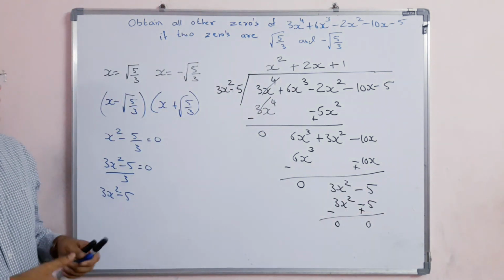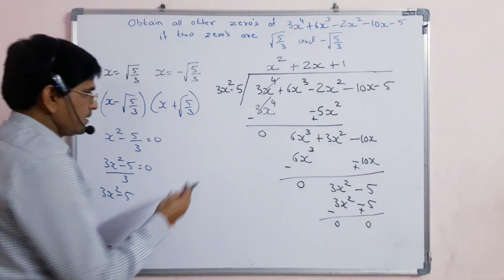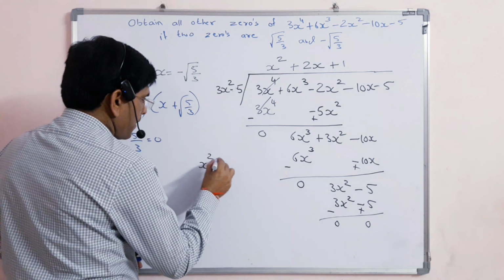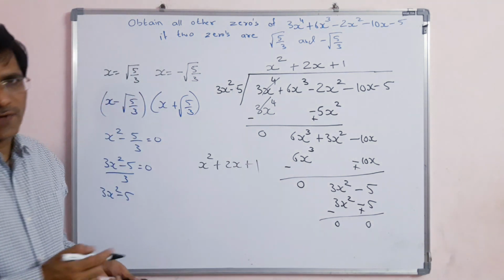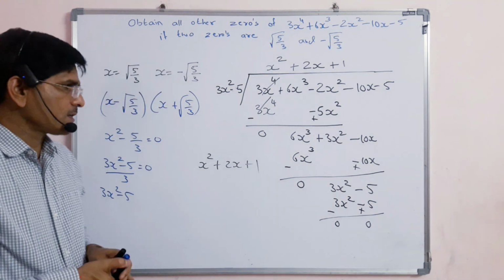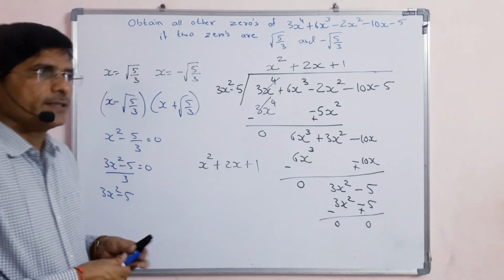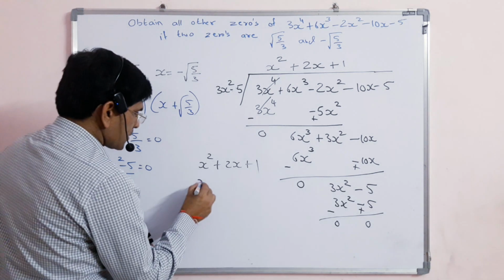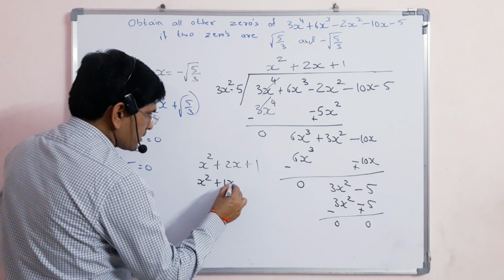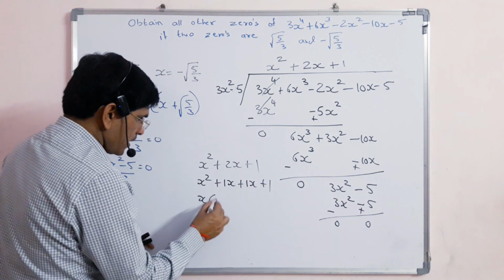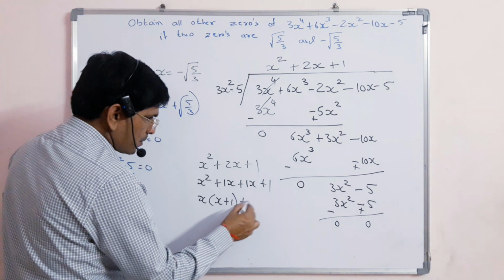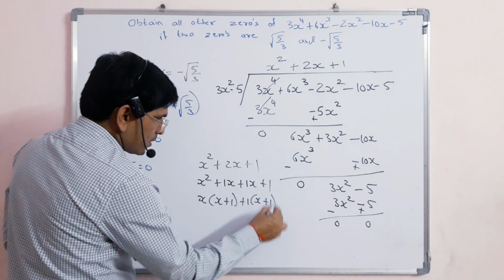Now we have to find the zeros again. The quotient is x² + 2x + 1. It's a perfect square, or we can say we factor 1, that is 2, so x² + x + x + 1. x is common, x + 1, and 1 is common, x + 1.